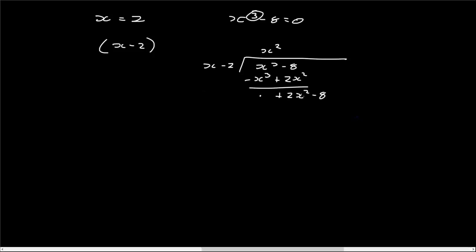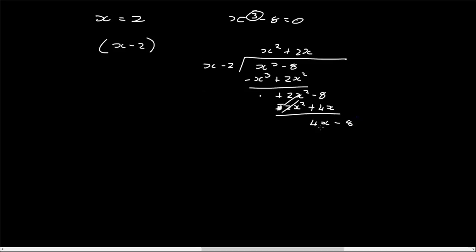x goes into 2x squared 2x times. Multiply out, that gives 2x squared minus 4x. Change the signs, so that's minus, plus, and do the addition, those cancel, and we're left with 4x minus 8.